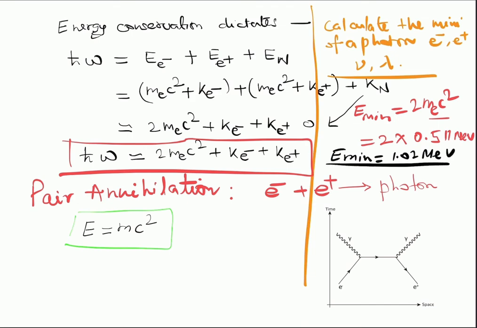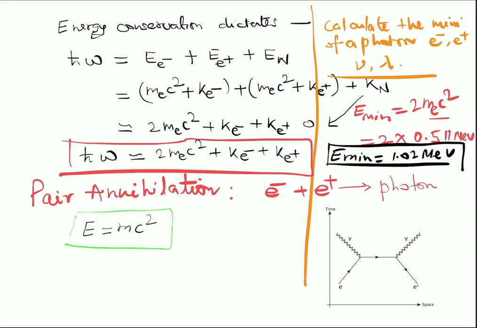That means the photon must have energy equal to 1.02 million electron volt to produce an electron and positron pair. Otherwise, the photon can't produce the pair unless it has energy equal to 1.02 million electron volt.